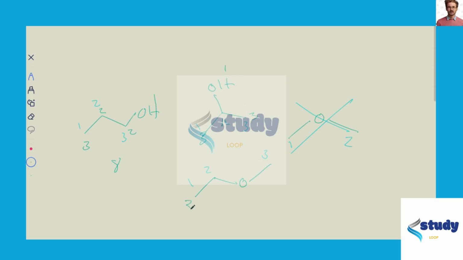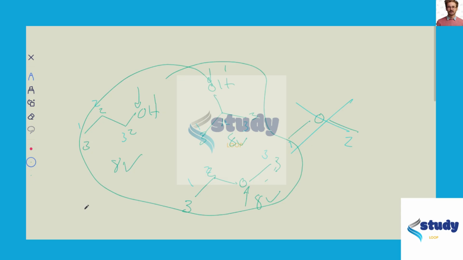Okay, 1, 2, 3, 4, 5, 6, 7, 8. And obviously we have 1 oxygen for each of these as well. So these 3 are all C3H8O. So they're constitutional isomers. So the answer is 1, 2, 3. And that is C.